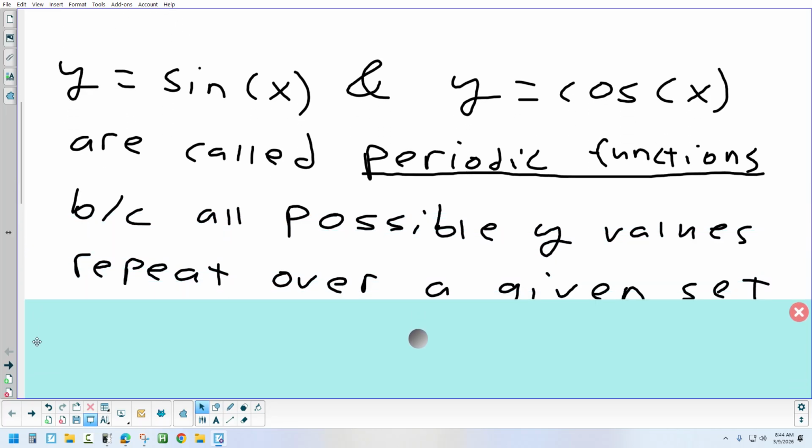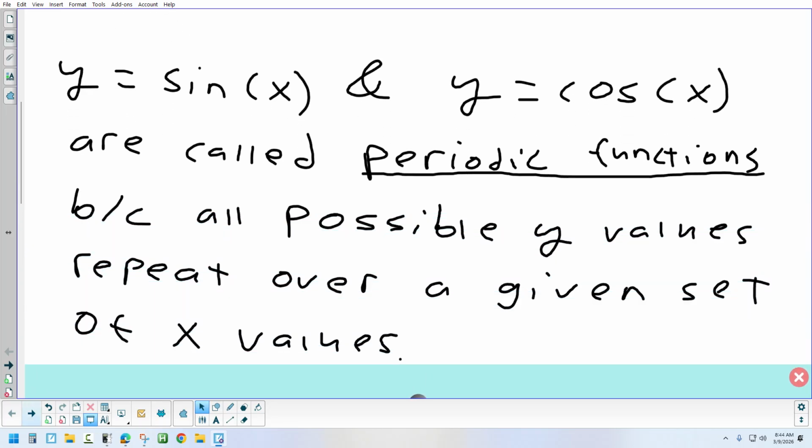So what makes something periodic is that the y values repeat themselves. Now you have to travel a certain distance before you notice that it repeats. And I'm going to show you what I mean in a second.